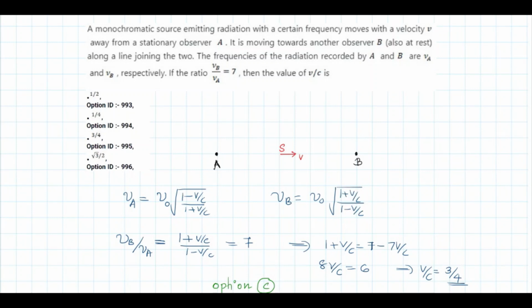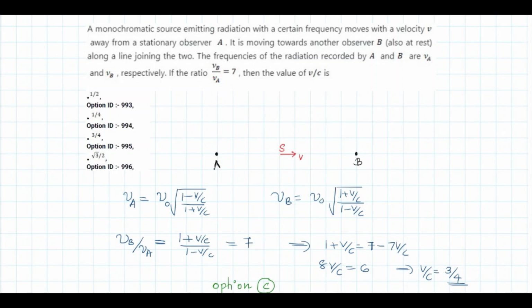If we take the ratio nu B by nu A, nu 0 will cancel, and it becomes 1 plus v by c divided by 1 minus v by c. It is equal to 7, as given in the question.